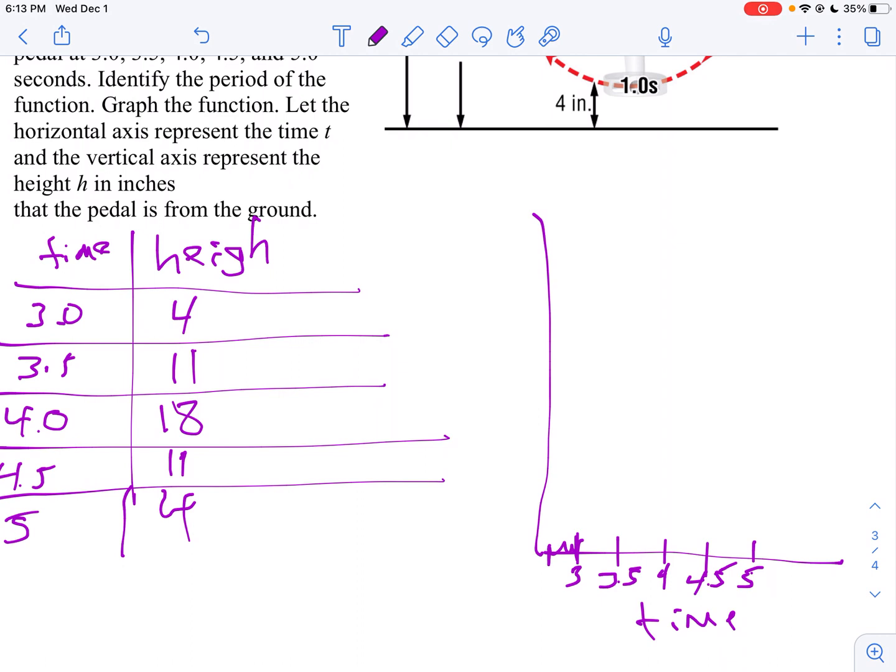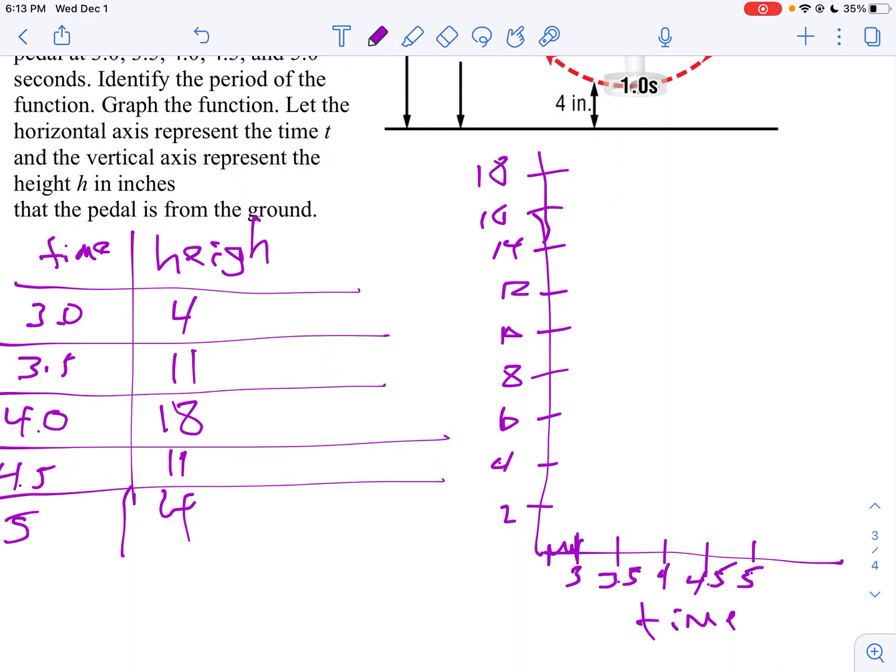Now I need to go up to 18 inches. So I think I'll count by 2s. So 2, 4, 6, 8, 10, 12, 14, 16, and 18.